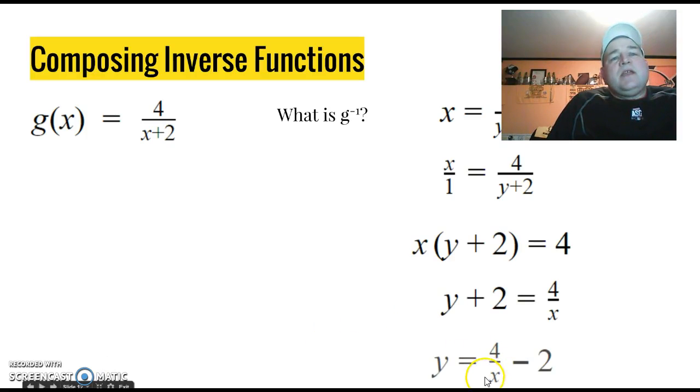Keep this in mind. Here's the inverse. The domain of this inverse is all real numbers such that x can't be 0 because you have a denominator. So we can't let x be 0. The domain of the original, again, the denominator can't be 0, so what plus 2 would be 0? Negative 2. So now as we go forward, keep these two functions in mind.